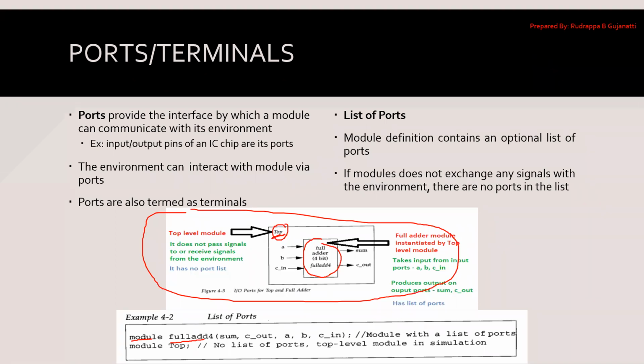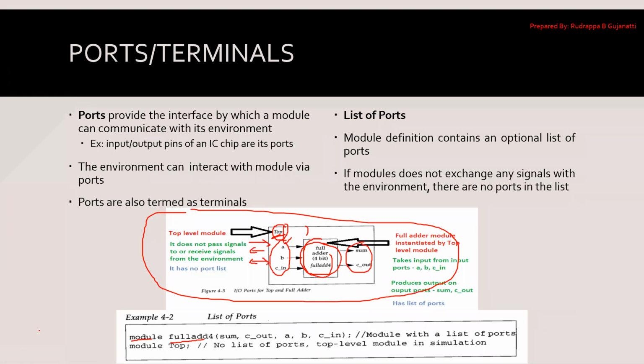Now here, if you observe, the top module is not accepting any input, it is not giving any output, and there is no in-out port available. So there is no port list or terminal list present for top. Whereas for full adder, we have these three acting as the input and these two acting as the output. Therefore, full adder should have a terminal list or a port list.